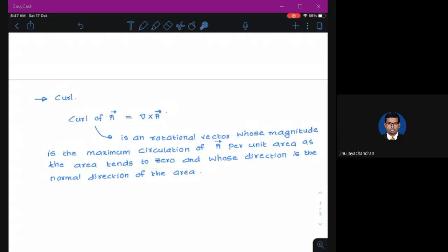So when you compress the area to a 0 level, when that area tends to 0, what's the maximum circulation? That gives the magnitude of A, and the direction is the normal direction of the area. And so curl is a cross product, which means it should have some direction, and the direction is the normal or the perpendicular direction to the direction of maximum circulation. That is the definition of curl.